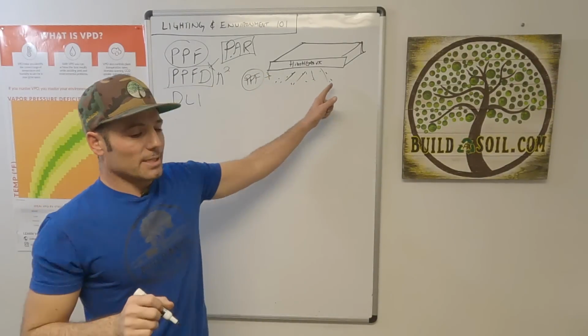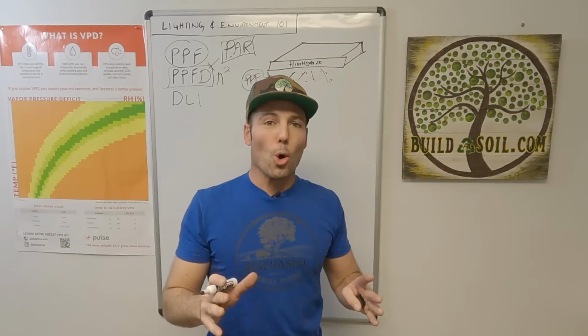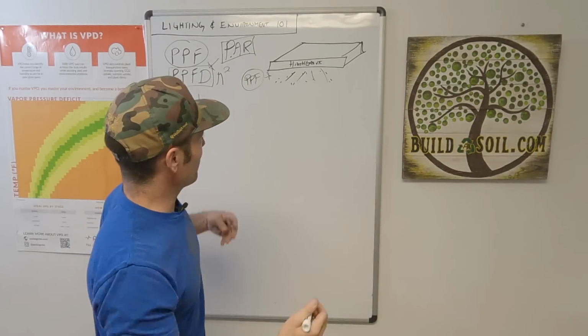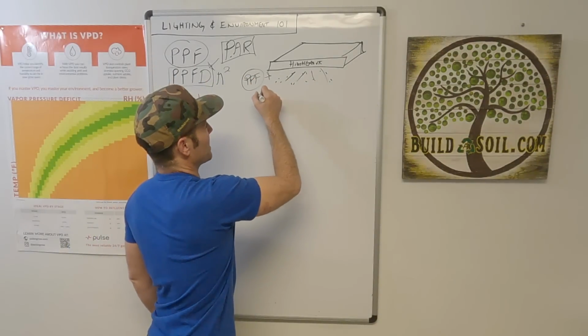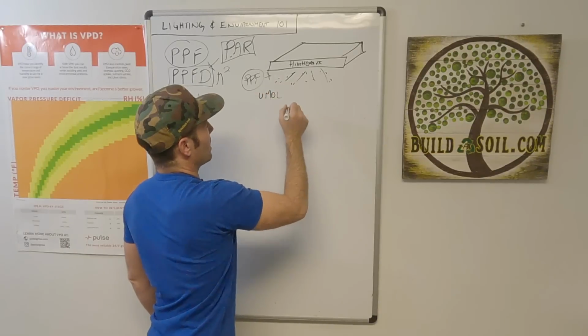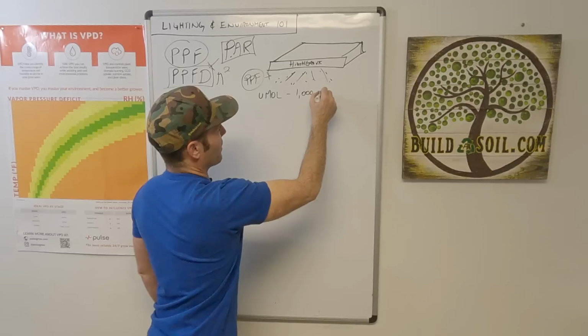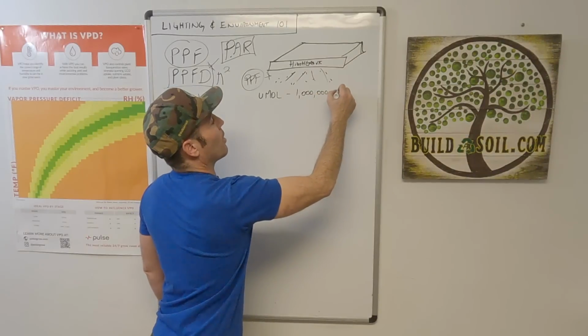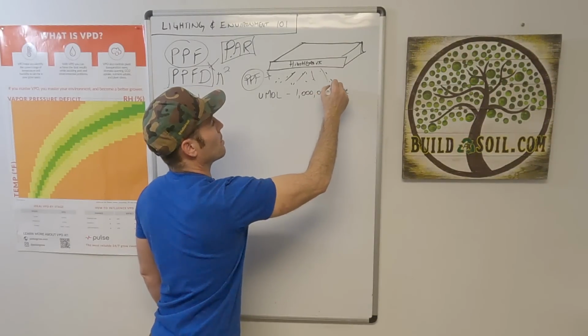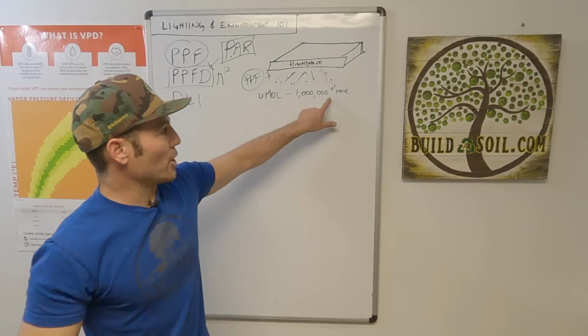And they measure this in a fraction of a mole. And a mole is a measurement of that energy. And so they use what you're going to see called a U mole, and that is a 1/1,000,000th of a mole. So it is a fraction of it.